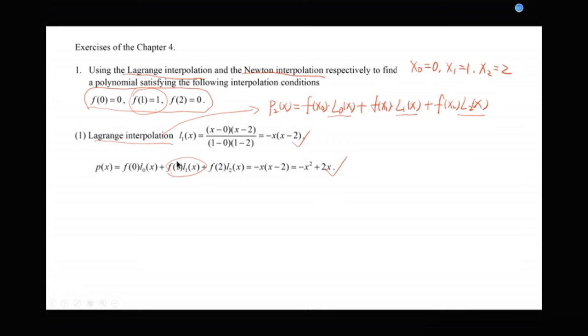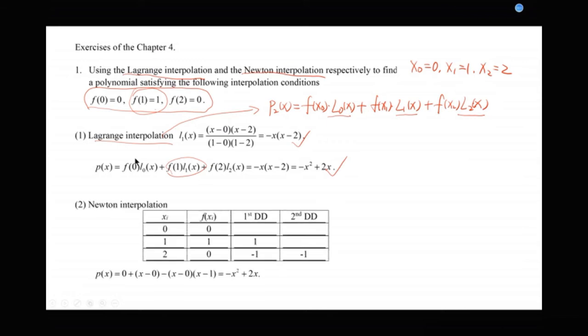So this is the result by Lagrange interpolation. Now, we use Newton interpolation. For Newton interpolation, we need to use this table of divided differences. So now 3 nodes, 0, 1, 2, and 3 function values, 0, 1, 0, right?